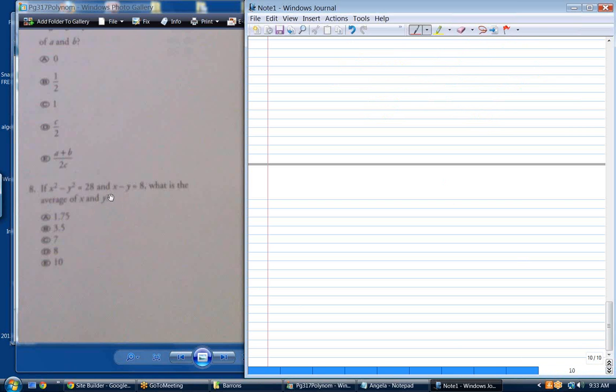All right, let's see. X squared minus y squared, difference of squares. And x minus y. What is the average of x plus y? So what are we looking for? (X plus y) divided by 2. Okay.